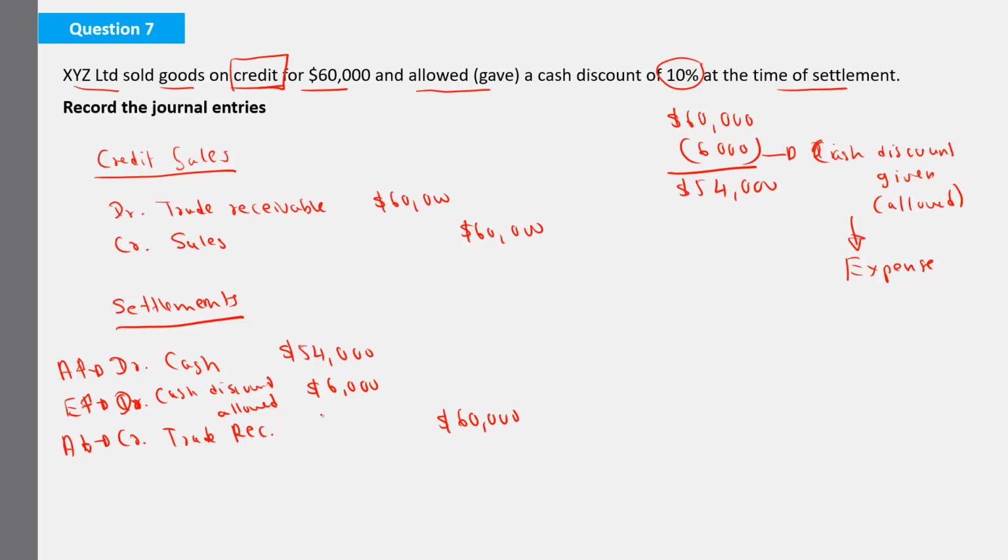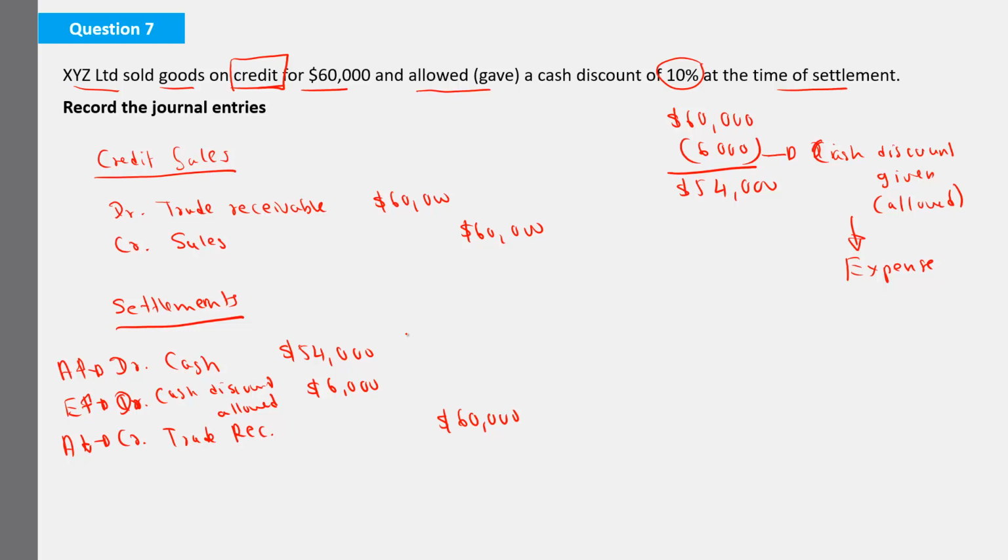So your debit side is 60,000, credit side is 60,000. So your entire trade receivable amount also will get settled. Why is that? You gave him a discount of 6,000, that 6,000 got reduced and he gave you cash 54,000. So the remaining 54,000 also will get reduced. So that entire 60,000 trade receivable amount will get settled.